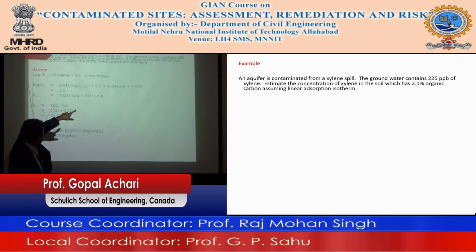I picked up this equation that's valid for xylene. Log KOC gives the KOC value, which is the antilog of this one, 1021. KD is KOC times FOC, and I measured the FOC as 0.02. I got my KD, so I can get my amount. The amount adsorbed is 5.1 milligram per kilogram.